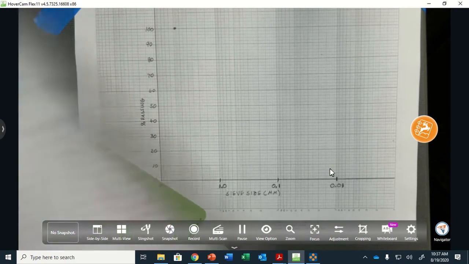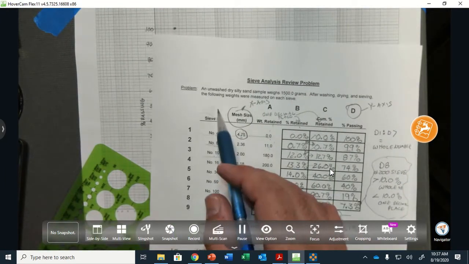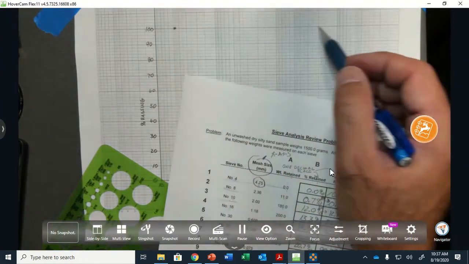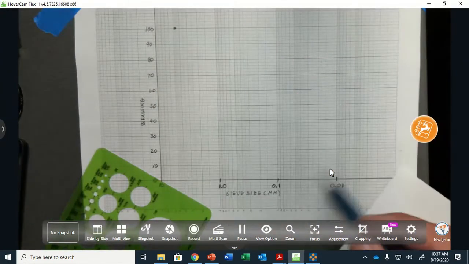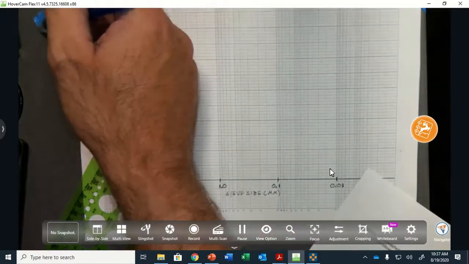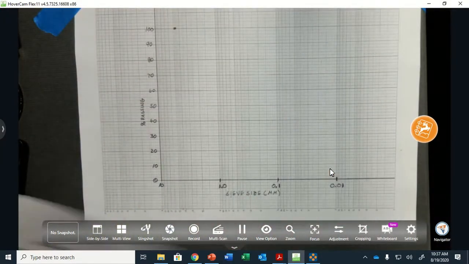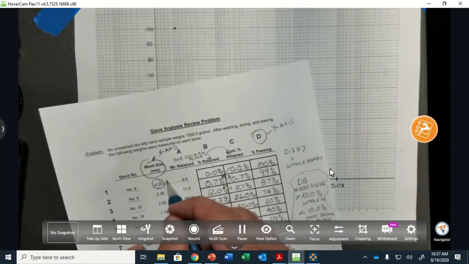Because in theory, any sieve bigger than the number 4 will also be 100% passing, won't it? So literally it'll be a straight line going this way, because the sieve is getting bigger this way. Okay. All right, so I plotted that one.